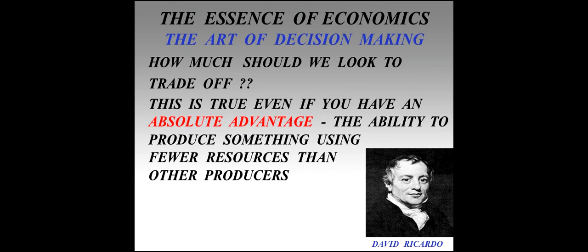David Ricardo said that we should always seek to obtain a comparative advantage, even if we have what he called an absolute advantage. An absolute advantage is the ability to produce something using fewer resources than other producers.